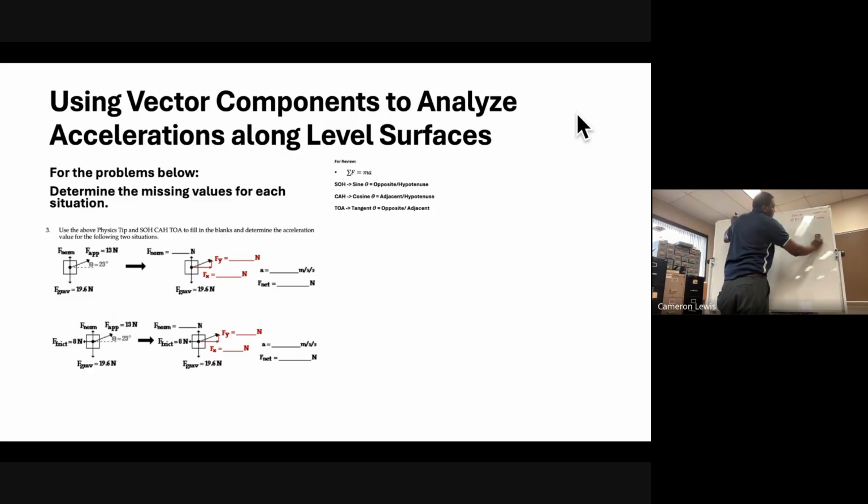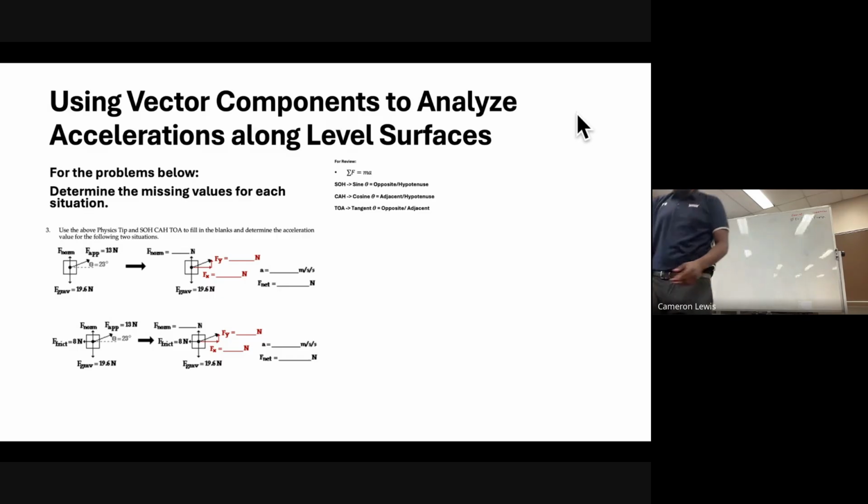So now we're doing the same thing, but we want to look at it from both situations, right? We want to just basically fill in the missing values for each situation, right? I feel like I skipped something.